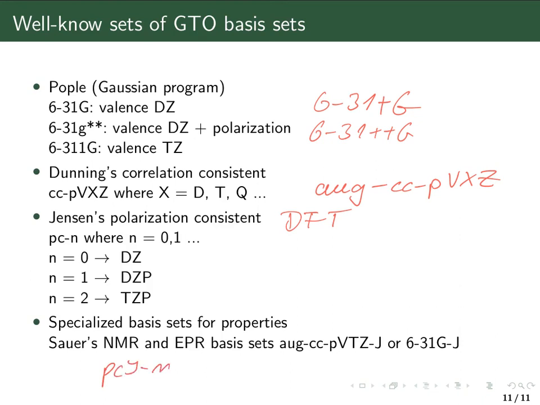And actually, he also made a similar modification of his basis sets for the calculation of NMR shielding constants, which are called pcS-n.